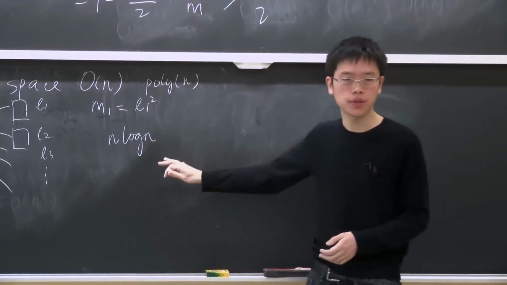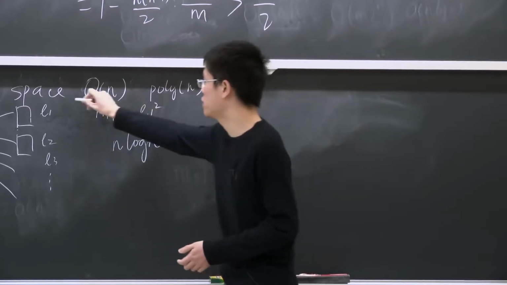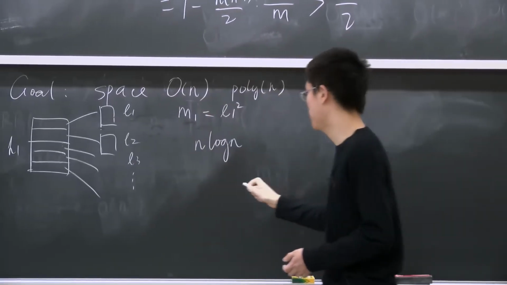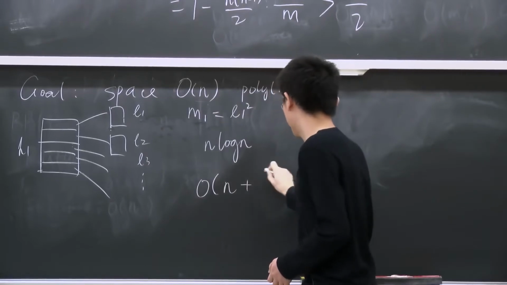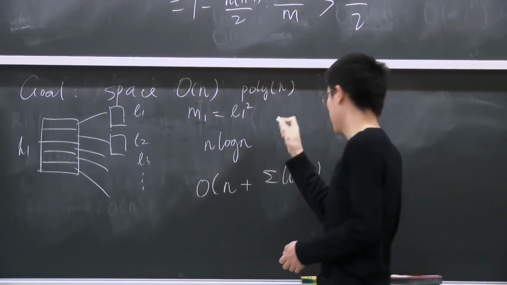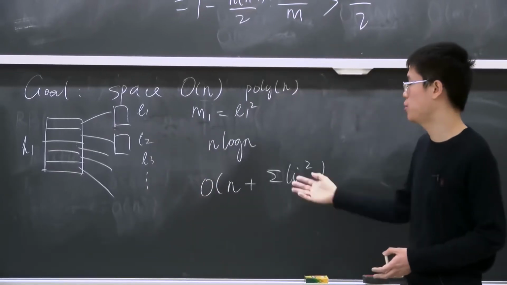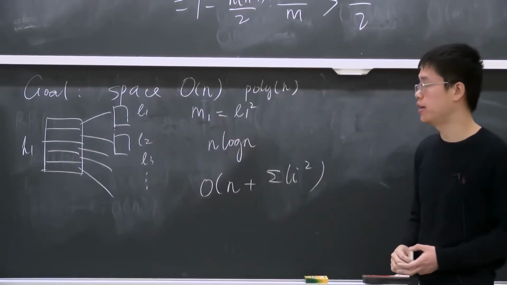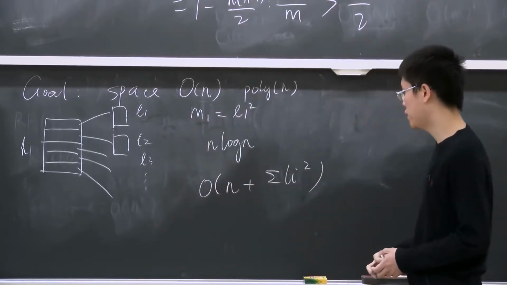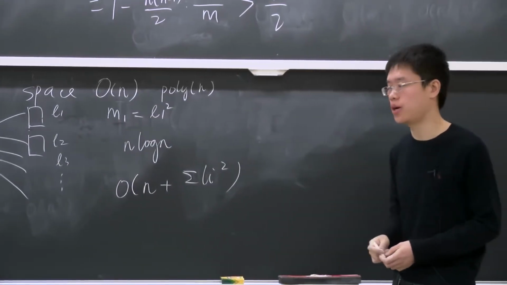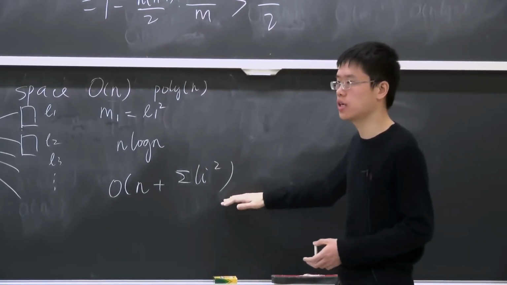Okay, so the only remaining problem is we need to figure out whether we achieve this space O(n). What is the space complexity of this algorithm? It is n plus the sum of Li squared, because each table size is the square of the number of elements in it. And finally, we have the Markov inequality or something like that to prove this is the case.